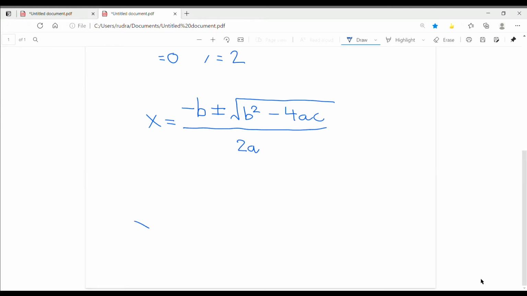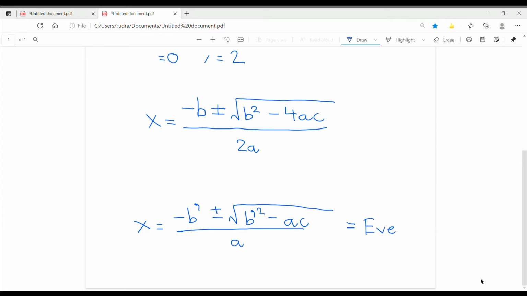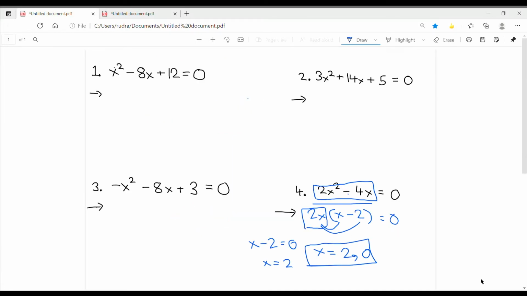And another version of the quadratic equation is negative half of b, plus or minus the square root of the half of b squared minus ac, there's no 4, over a. This is when your b is even. This is when your b is odd. So I'm going to be going back to this document. You see that our b here is even.